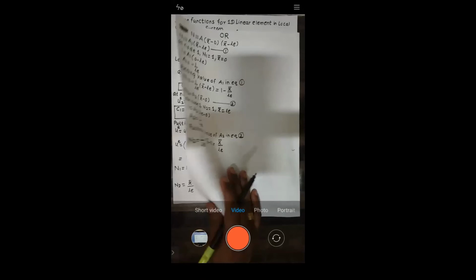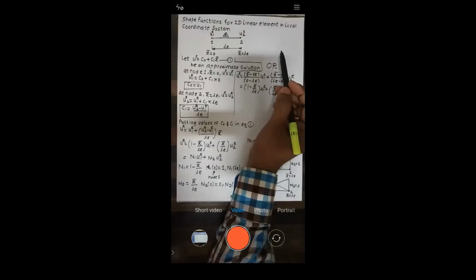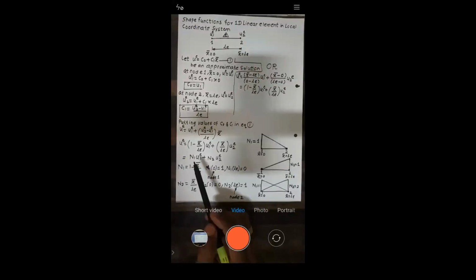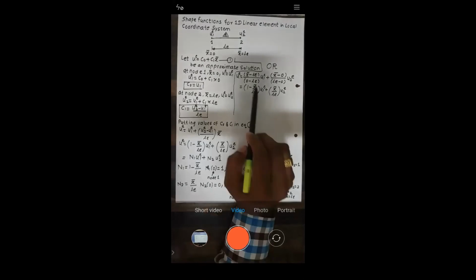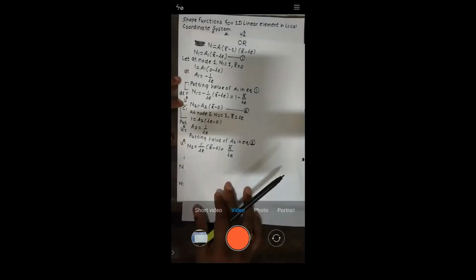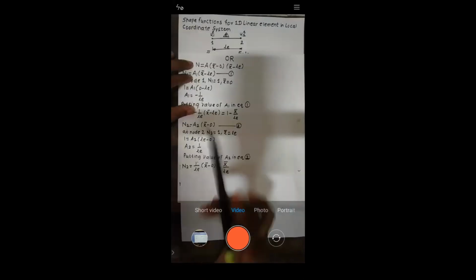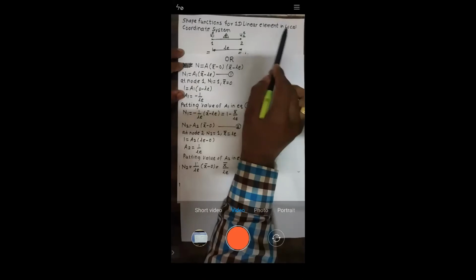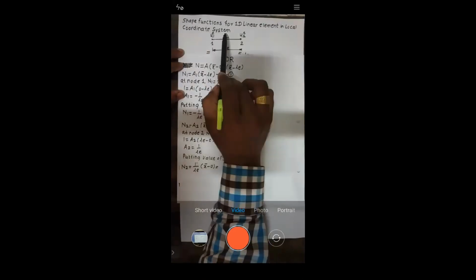So what we have done is calculate the shape functions by 3 methods. This one is by the use of a polynomial. This one is just by writing the equation. And this is one more method. So we have derived the shape function for a 1D linear element in the local coordinate system using these 3 methods.